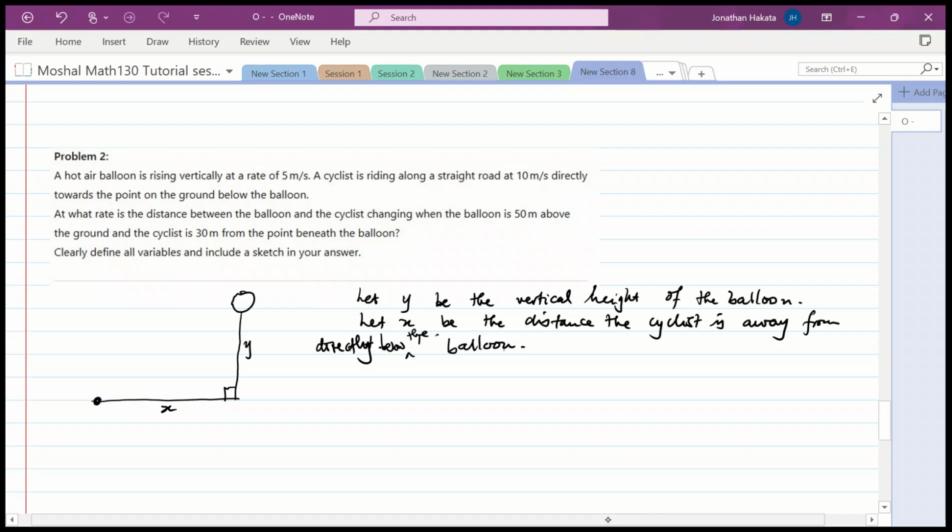Let x be the distance the cyclist is away from directly below the balloon. The wording should be good.